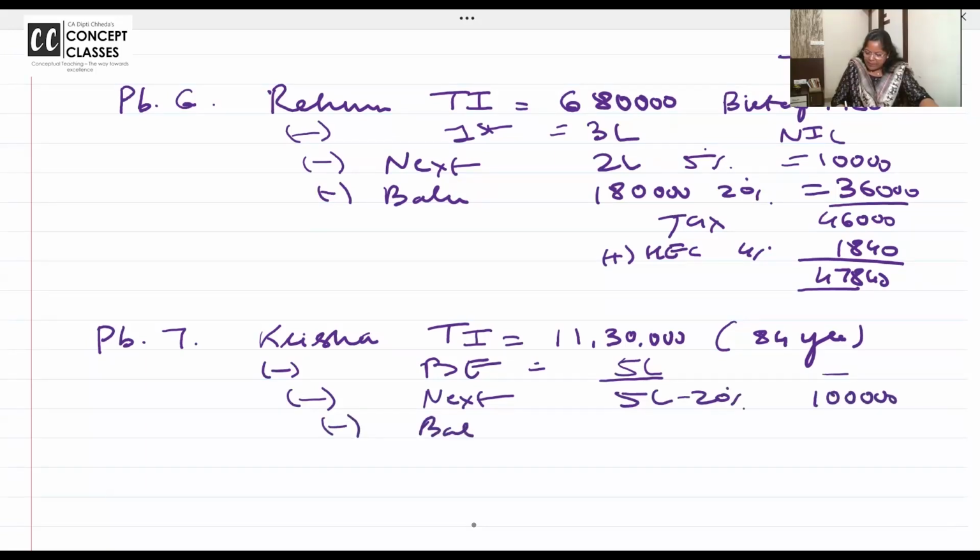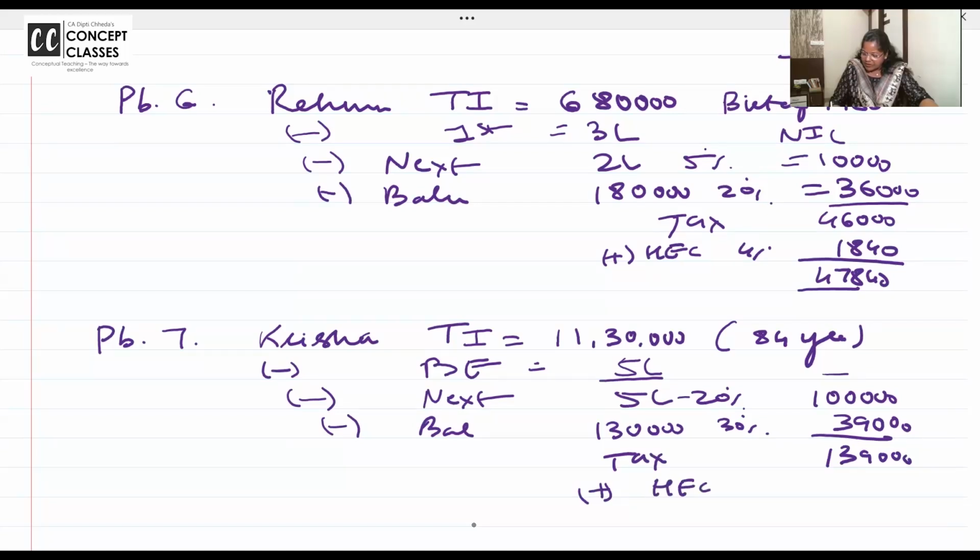Then on the balance 1,30,000, it's 30%. 13 threes are 39,000. So the total tax is coming 1,39,000. And on that health and education cess is how much? 4%. 5560. So that's coming to 144,560.